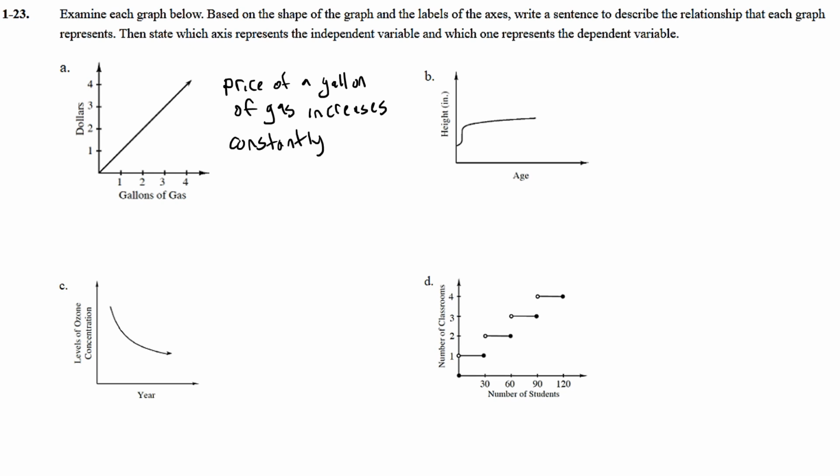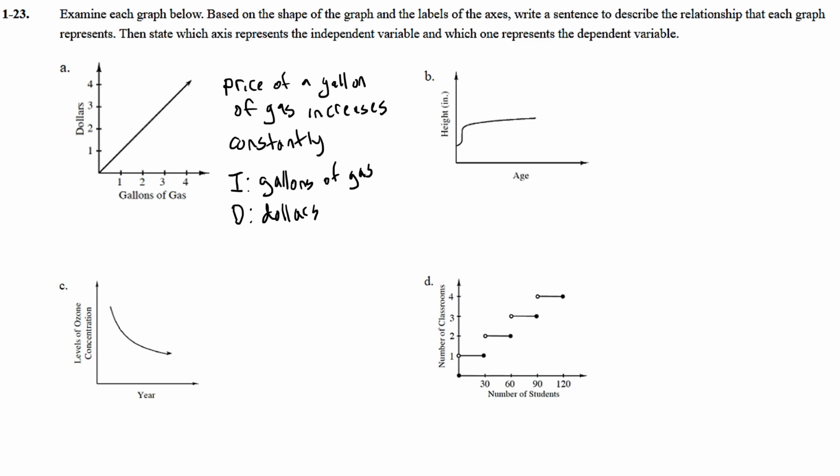Could also say as I get more gallons of gas, the amount increases constantly. So this word constantly is important. The independent variable is x, so it's the gallons of gas. So it's really important that you write exactly what the axes say. The dependent variable is dollars, or the amount you're going to spend on that gas.